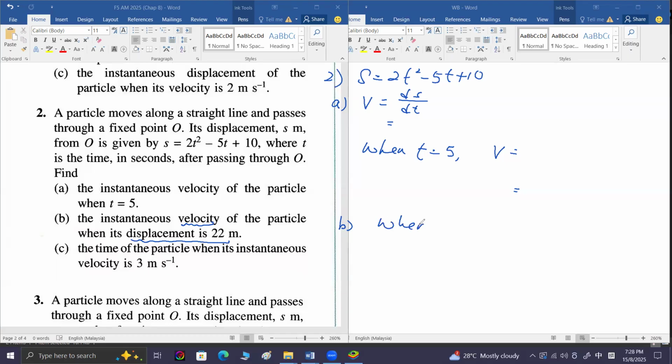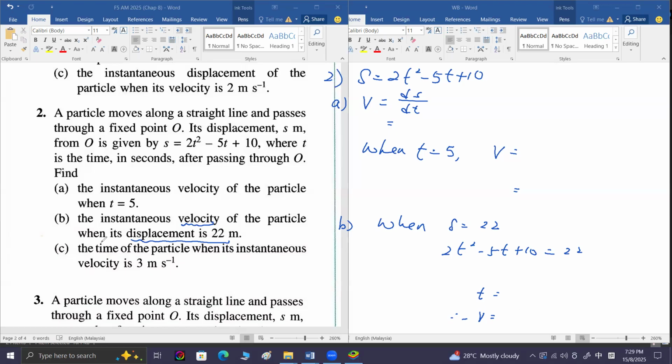You are given displacement that is 22, so you substitute here to find t. And take note, class, t with a negative, you ignore. T can't be negative, okay?